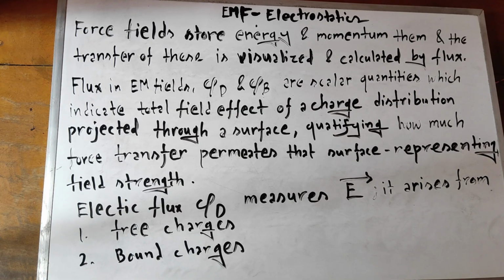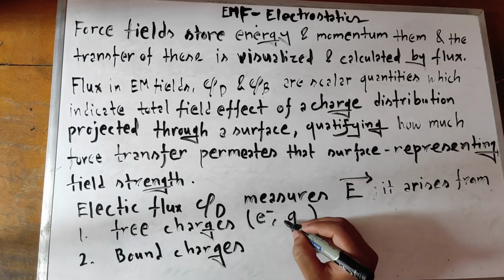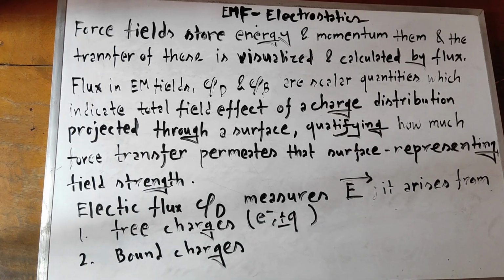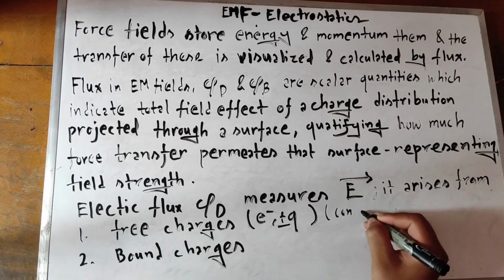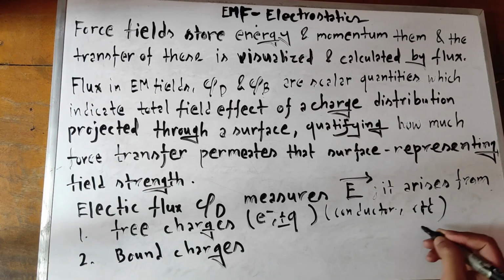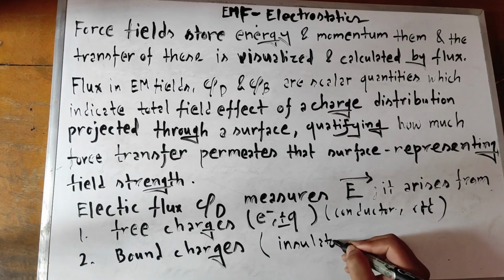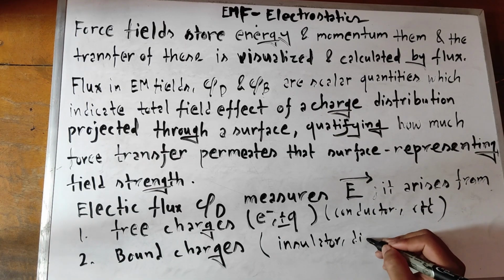Electric fields arise from free charges, like electrons, or charge q in general, positive or negative, and bound charges, like electrons that are not free. Free charges come from conductors, etc., and bound charges from insulators, like dielectrics.